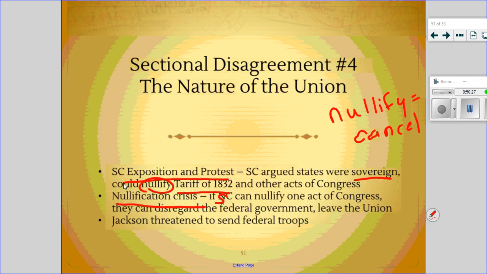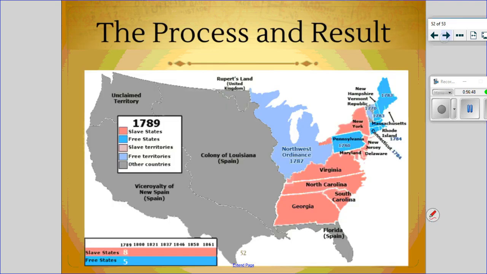So even though Jackson is a conservative president and is for states' rights, he has to threaten to send federal troops to get South Carolina to fall in line. This is a sign of things to come. After the election of Abraham Lincoln, South Carolina is going to lead the way in seceding from the Union to preserve slavery.